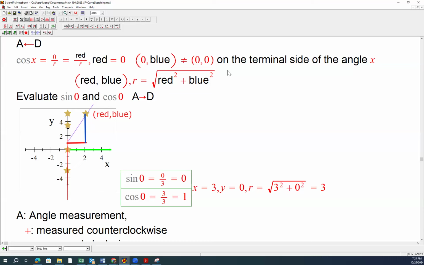And the definition of cosine of angle x would be red over r. Okay, so this will be consistent with our lessons.